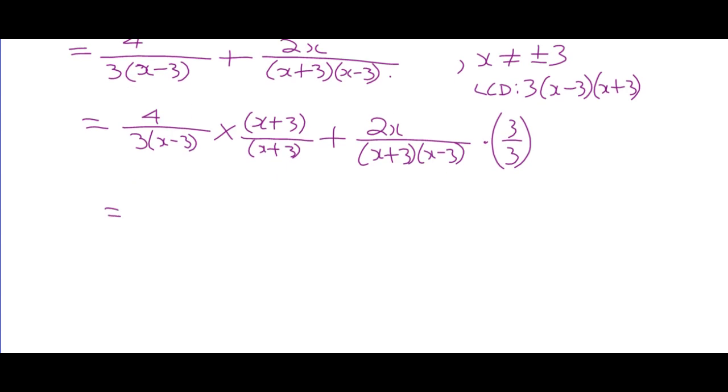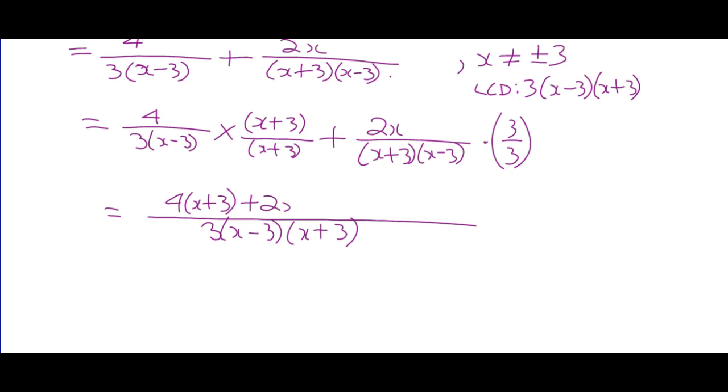So now I've got my common denominator, so I'm not going to do each term separately at this point. I'm just going to say it's a common denominator. So now I've got 4 times x plus 3 plus 2x times 3. So this times this: 4 times x plus 3, plus 2x times 3.